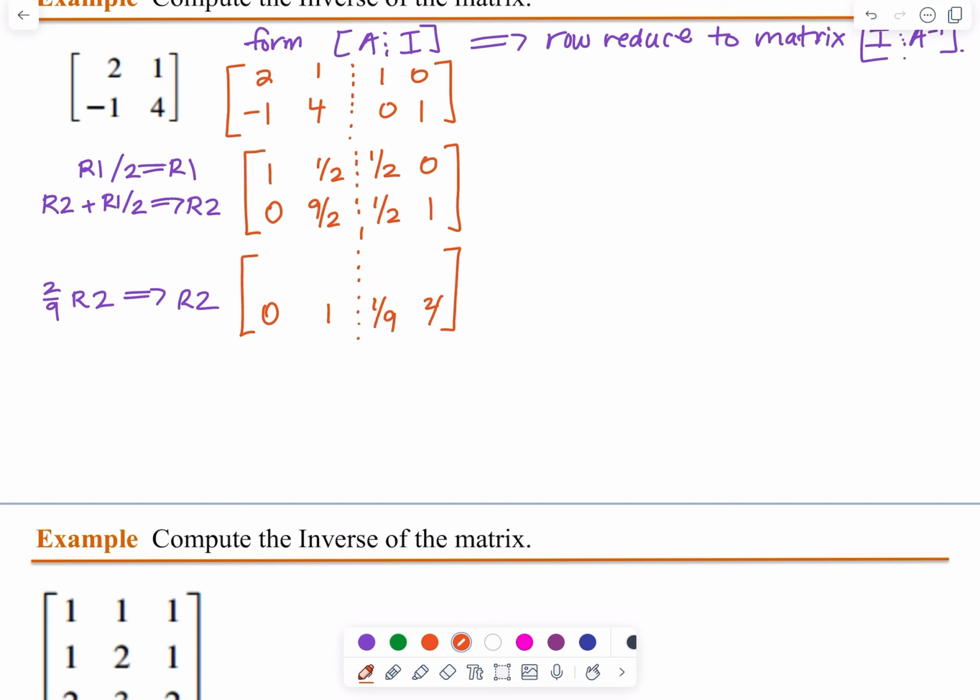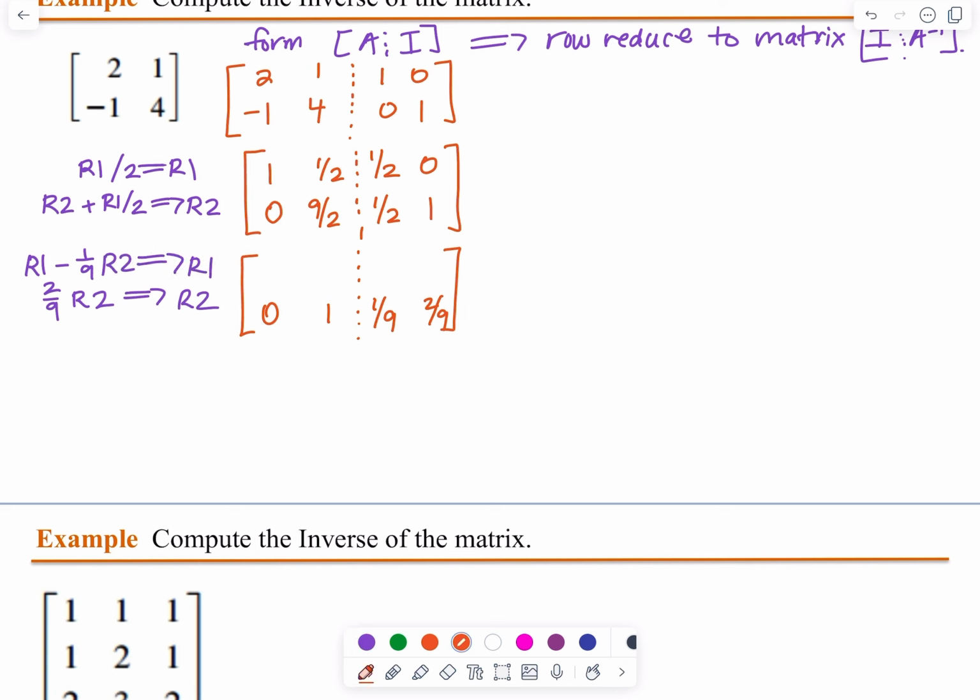And now let's take half of that result. So now we're going to take half of the new R2, and we will have row 1 minus 1/9 of R2, and that will be our new row 1.